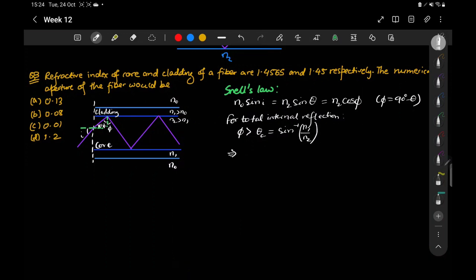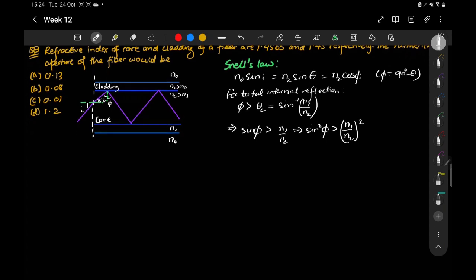This means that sine phi should be greater than n1 over n2. So sine squared phi should be greater than n1 over n2 squared, which means 1 minus sine squared phi should be less than 1 minus n1 over n2 squared.